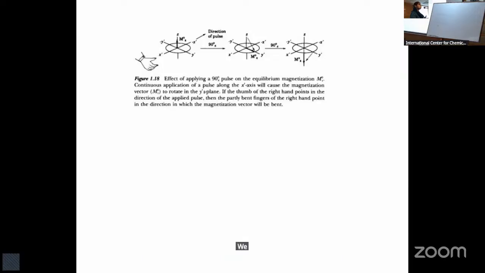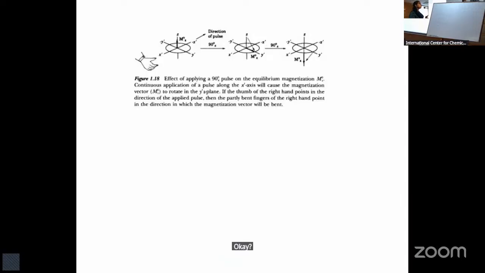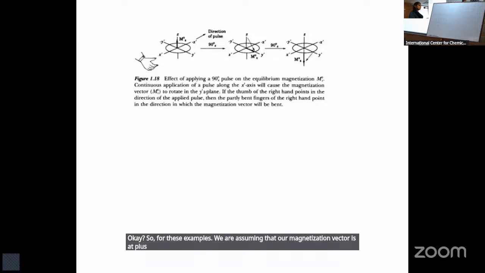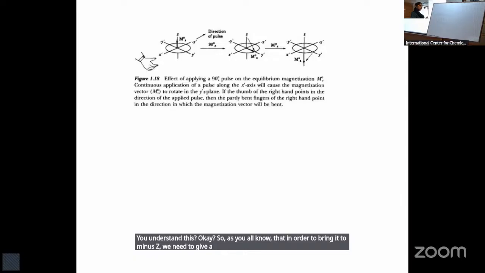We will start with understanding when our magnetization vector is at plus Z. I'll not change the position of the magnetization vector. Initially we can get an idea of using the pulses, and then we can move the magnetization vector. For these examples, we are assuming that our magnetization vector is at plus Z. As you all know, in order to bring it to minus Z, we need to give a pulse of 180.